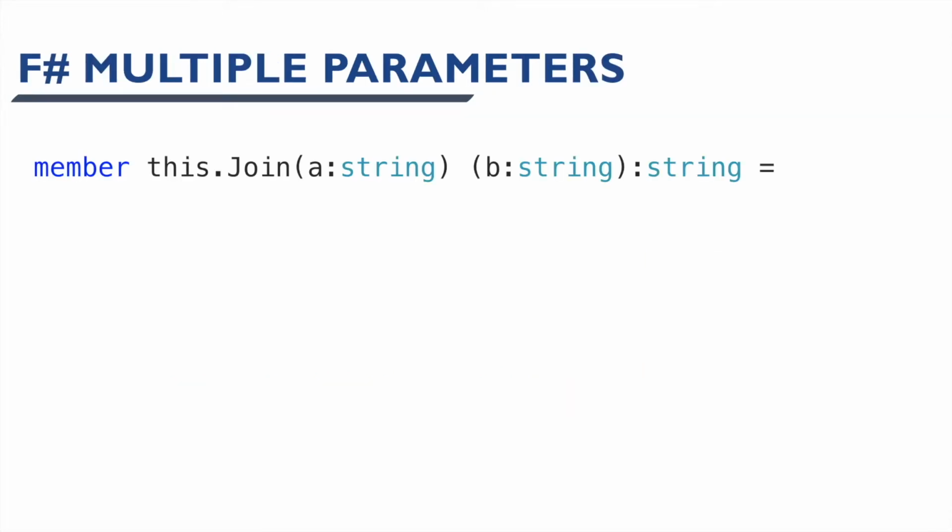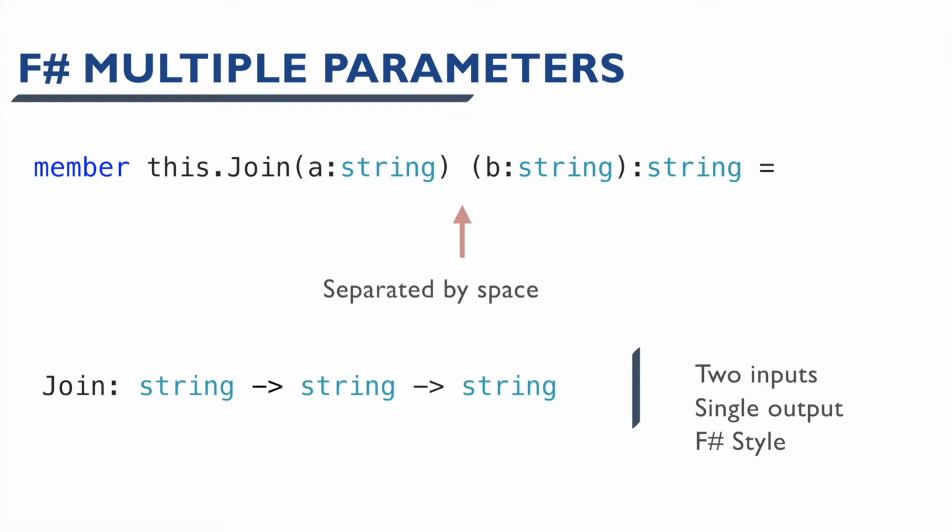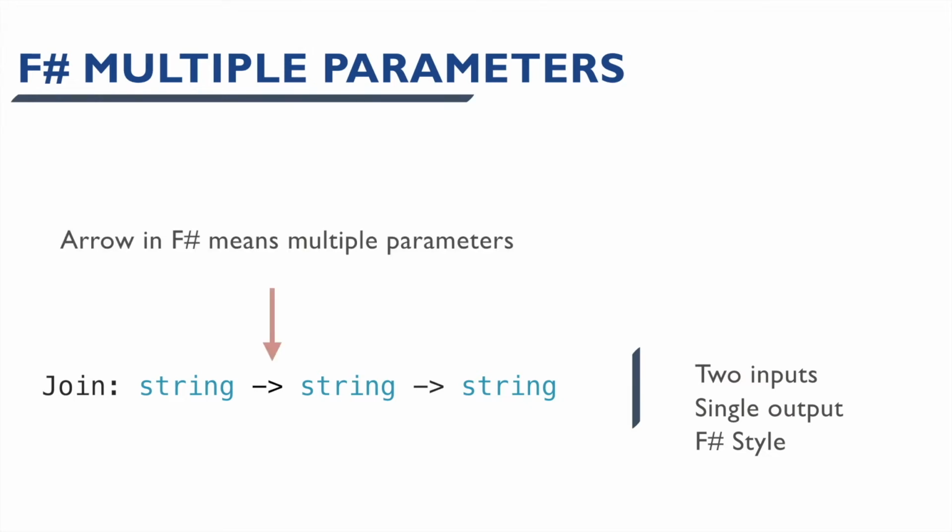We'll now look at how F# handles multiple parameters. So how do we declare this stuff in F#? We talked about C# having multiple parameters. Well, F# has a slightly different style, so you can declare a method separated by a space. And as you can see, it changes the F# type signature down the bottom. So it means that multiple parameters are separated by an arrow. So you see string, arrow, string, arrow, string.